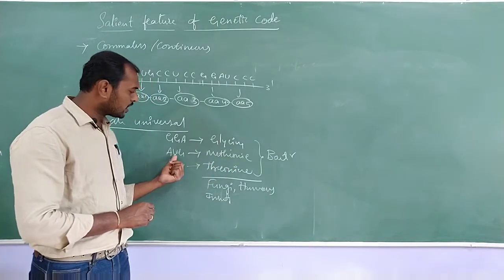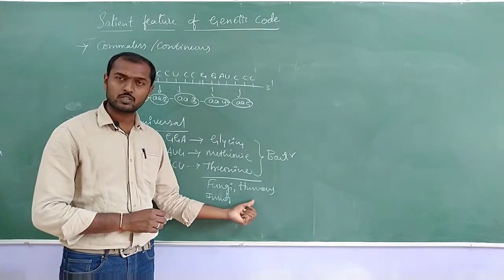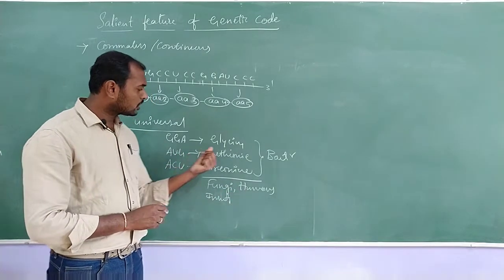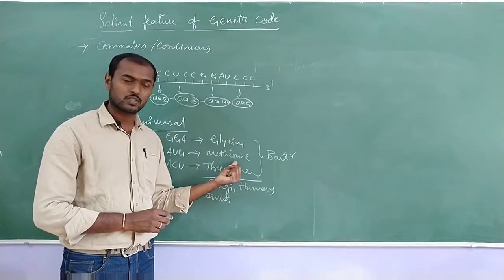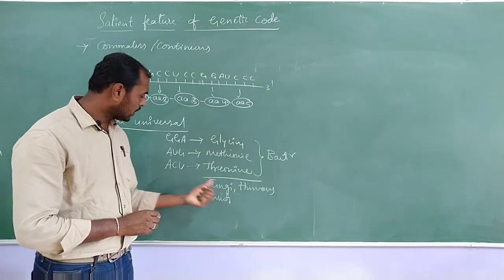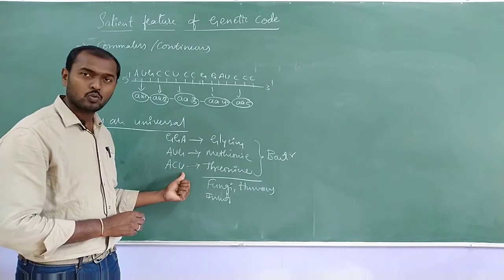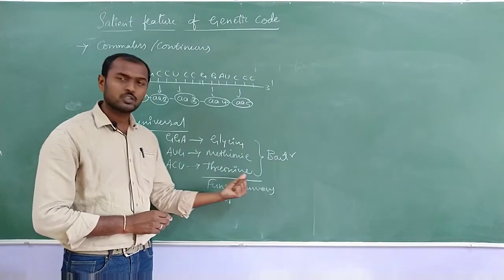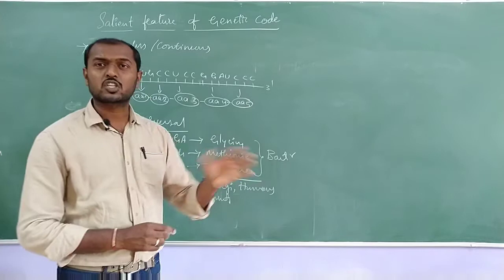If AUG is present in humans, it codes the same thing. If an insect is synthesizing protein and has an ACU codon, it is definitely going to code threonine. So there is no change.